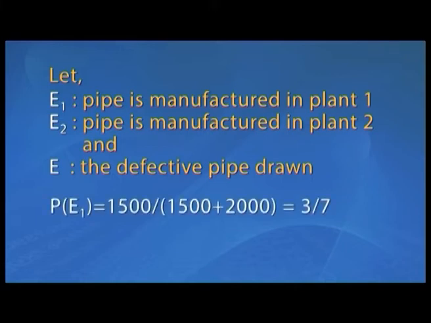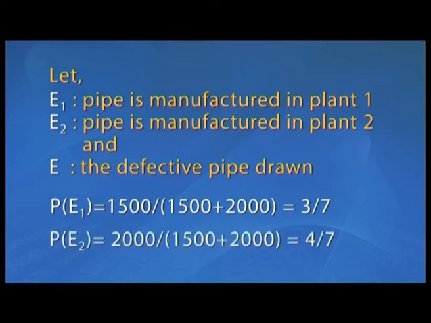Hence, probability of E1 is equal to 1,500 divided by 1,500 plus 2,000 is equal to 3 by 7. Probability of E2 is equal to 2,000 divided by 1,500 plus 2,000 is equal to 4 by 7.